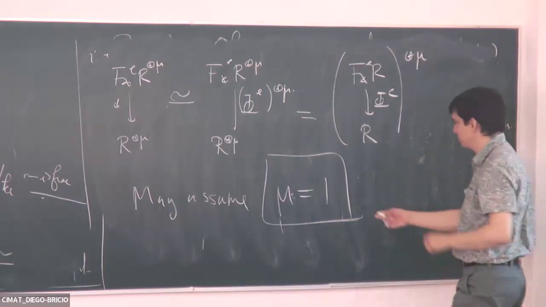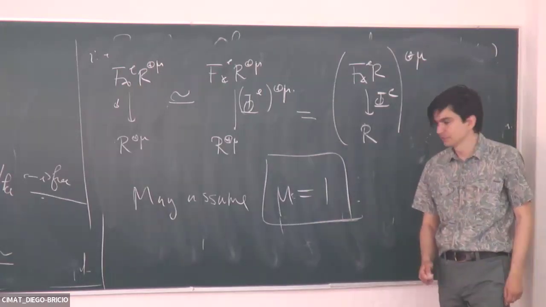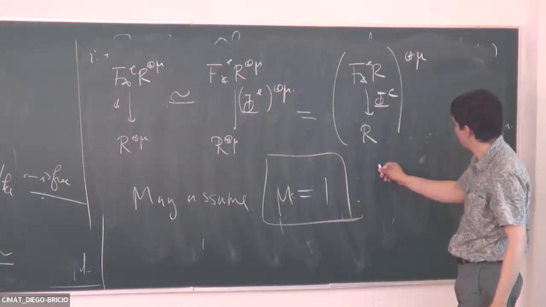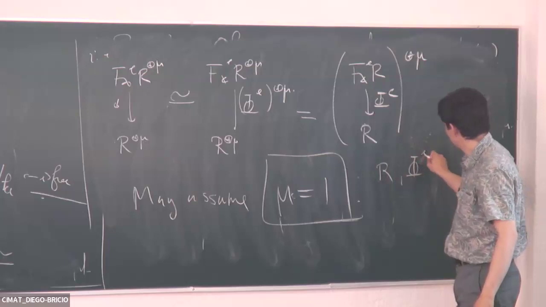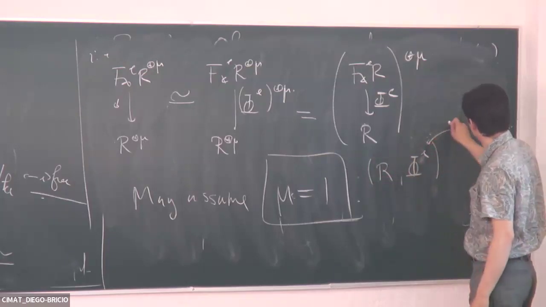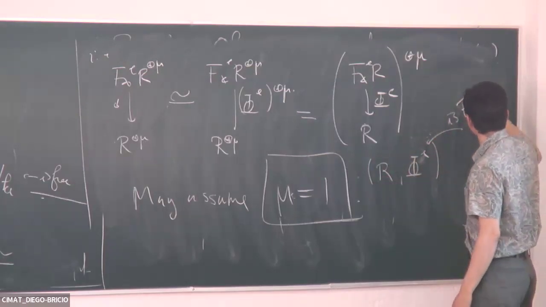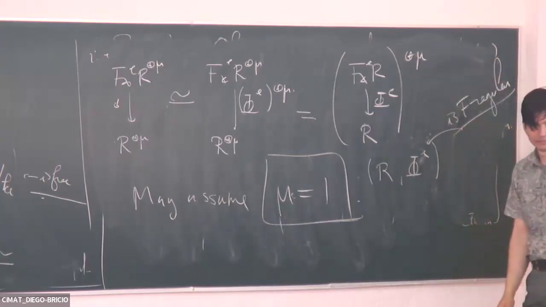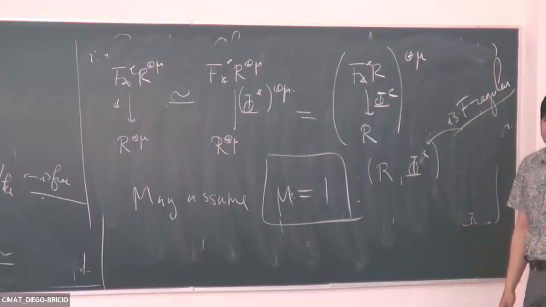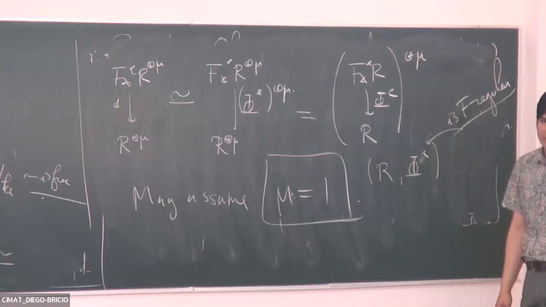So let's prove the case mu equals 1. Actually, literally, here what we have to prove is that R with this Cartier structure is F-regular. And it is.